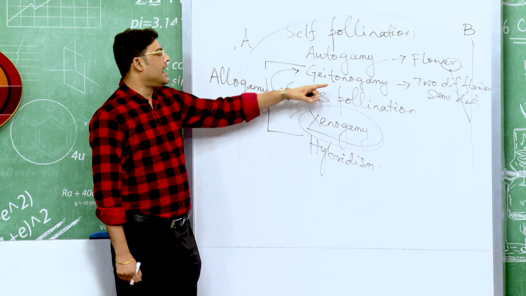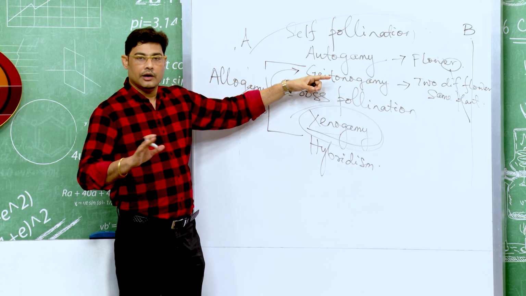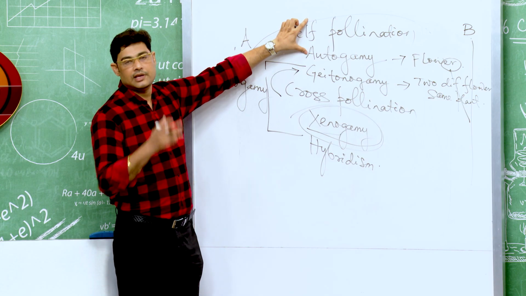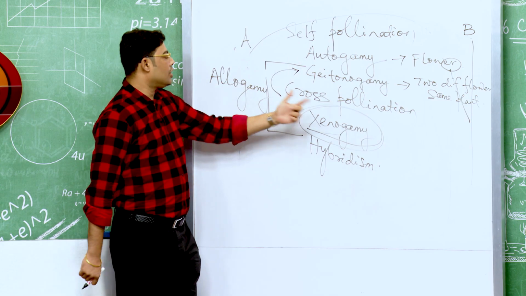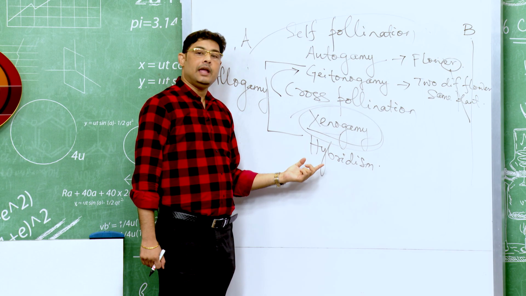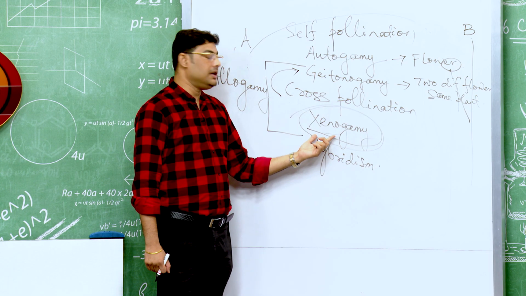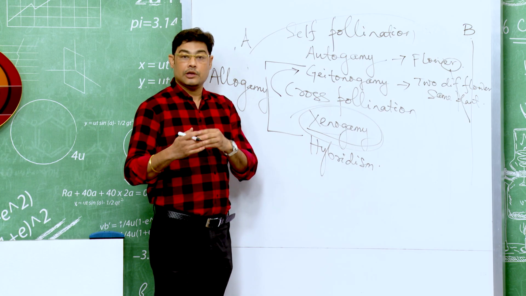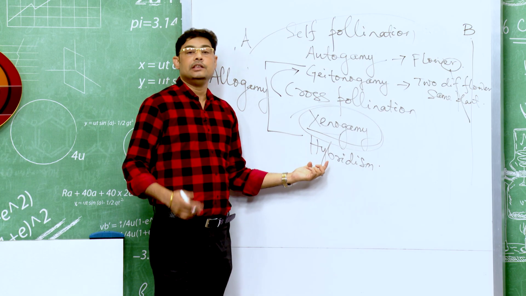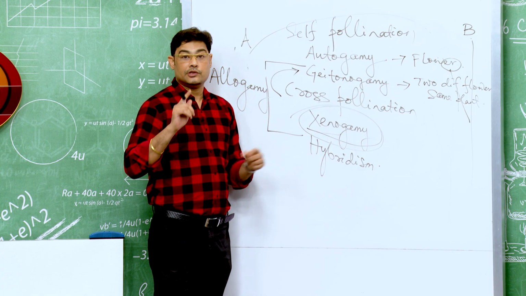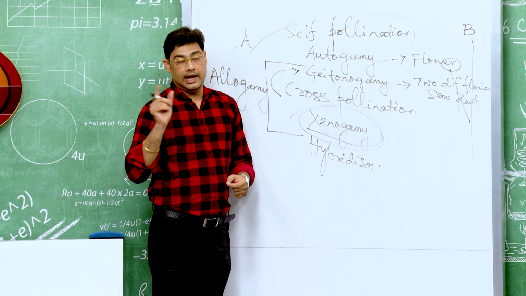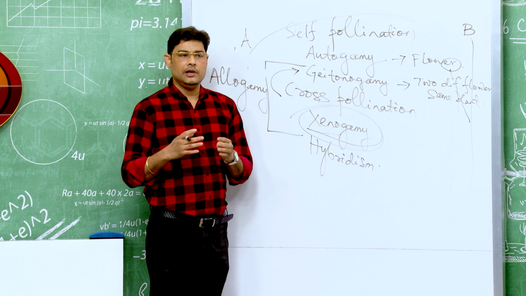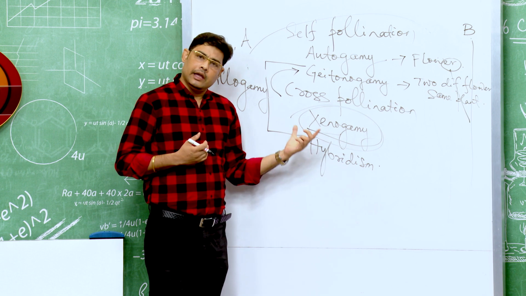So autogamy and geitonogamy, genetically, are the two different types of self pollination, and in cross pollination we have xenogamy and hybridism. Xenogamy is the cross pollination between two similar individuals of the same species, and hybridism is between two different species, not exactly different, but closely allied species, or probably the same family.